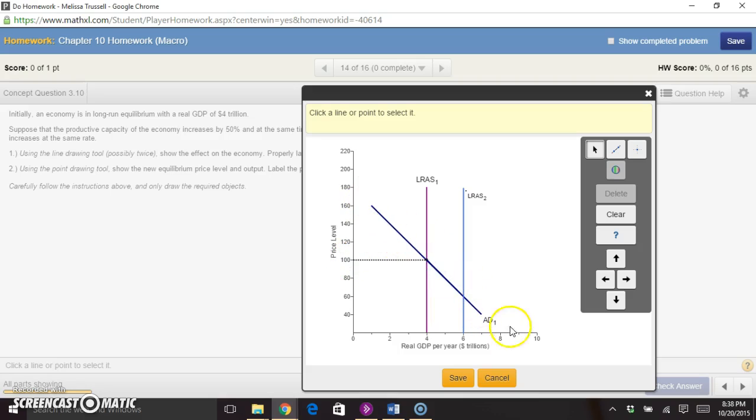So if it increases at the same rate, that means that now our aggregate demand curve, we know that when it increases, it's going to stay parallel to the old one, right? So it's still going to be a line that looks downward sloping at the same slope. But knowing that it increases at the same rate means that at the same price level of 100, we're going to cross the long-run aggregate supply.